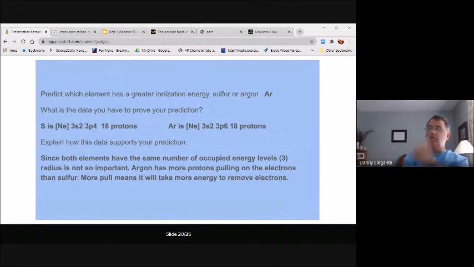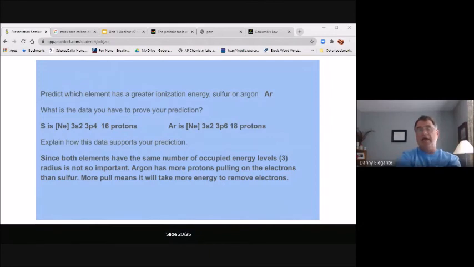So the data's there, you're not giving any opinions, and then your explanation would be that they have the same number of occupied energy levels. They both have electrons in the 3rd energy level. So radius is not important because they're both electrons in the 3rd energy level. If one had been in the 3rd energy level and one in the 4th energy level, then we would worry about radius.